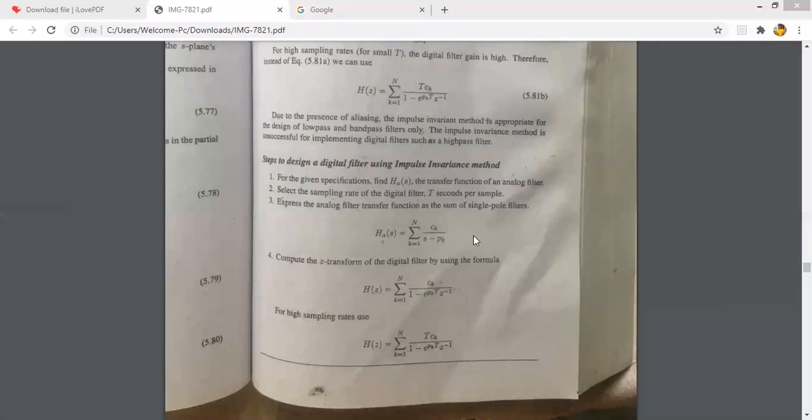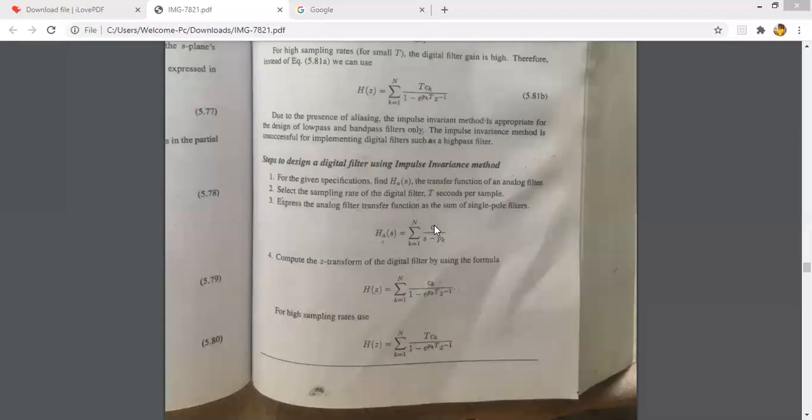Then Ck by s minus pk should be directly converted to Ck by 1 minus e power pkT z inverse. The T value is whatever is given in the problem. Here e power pk means the value of whatever pole you have: e power pkT z power minus 1.